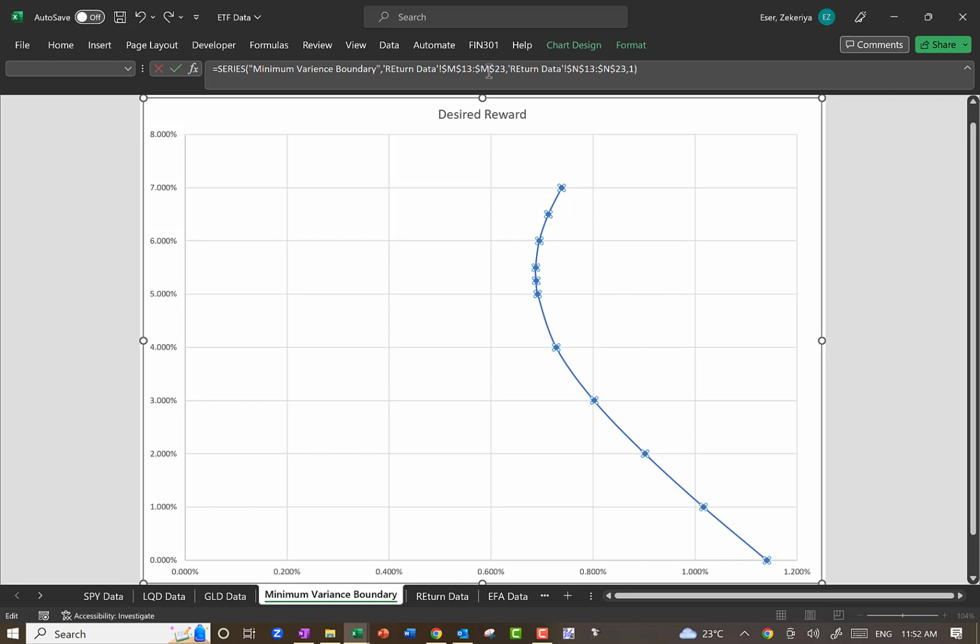The second argument is where the horizontal values are coming from. I actually want them to come from N, not M.